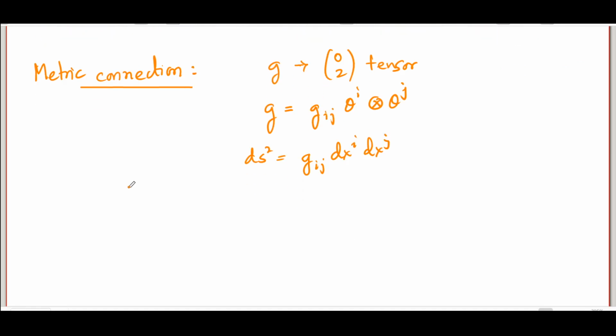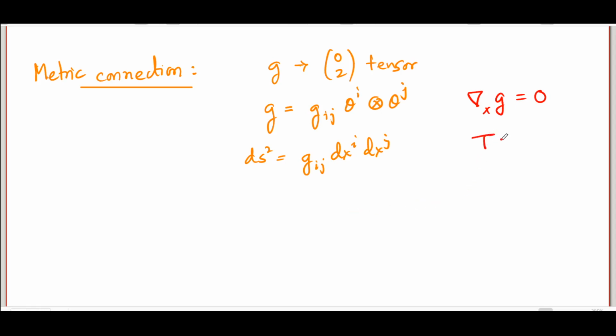And associated with the metric, you have a connection, and the metric connection is one in which you have the covariant derivative of the covariant tensor g, grad_X g, to be 0 for all X, and this imposes a huge constraint on the connection.